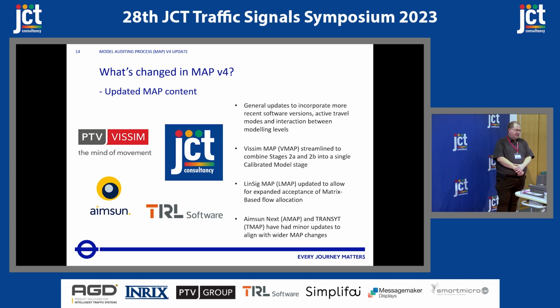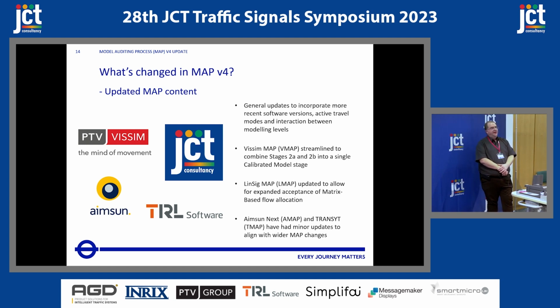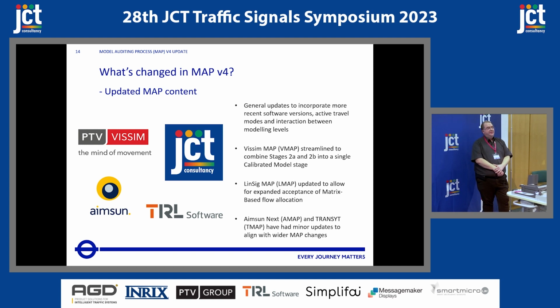Some software-specific changes. So in the VISSIM model order process, VMAP, we've reduced the number of stages involved. We used to have separate stages 2A and 2B. We've now condensed them into a single stage to streamline the process and reduce some of the inefficiency in terms of the bureaucracy and multiple submissions.